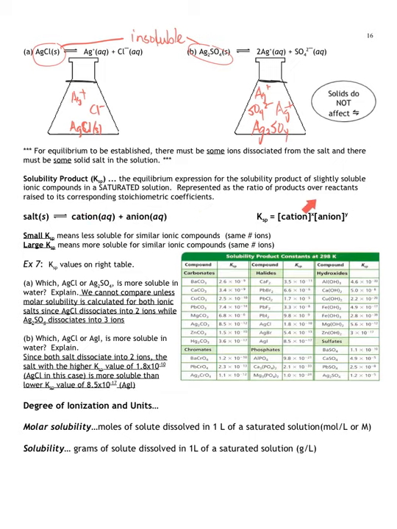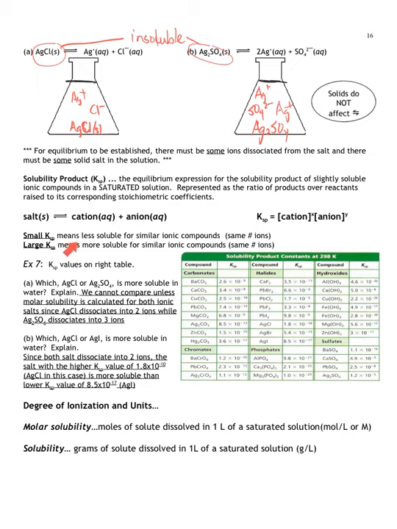But really, there's no reactants, only products. There's no reactants because you're dealing with a solid salt. And so that's why we only include the 2 ions, the cation and the anion, in the Ksp expression, raised to their stoichiometric coefficient. The only thing is you won't see any reactant because the reactant is a solid.